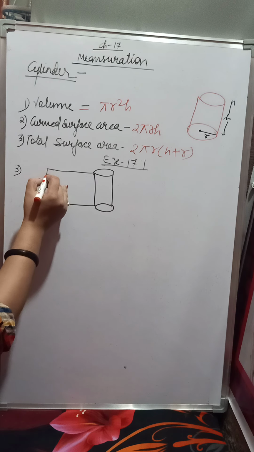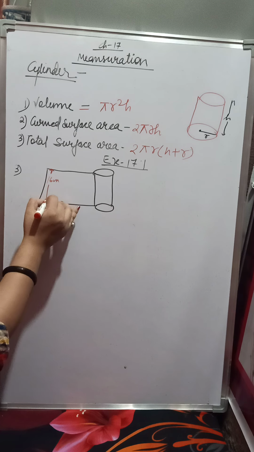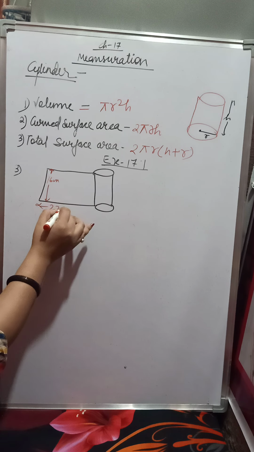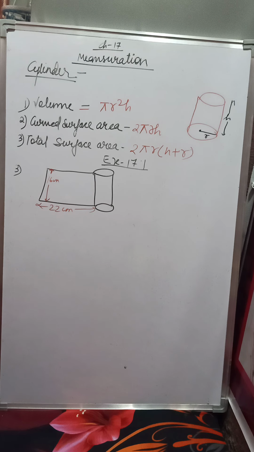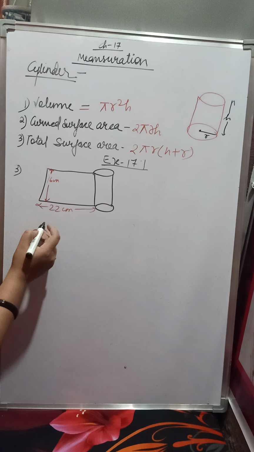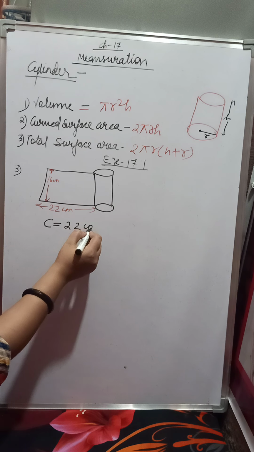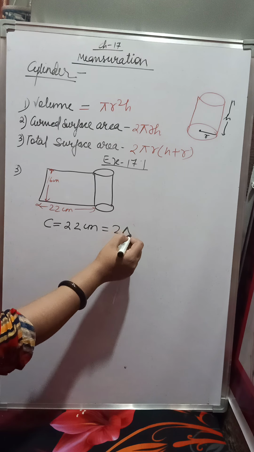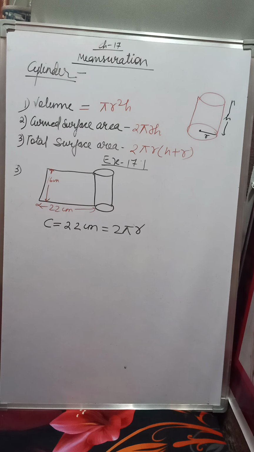This is 16 and this is 22 centimeter. So circumference, 22 centimeter, is equal to 2 pi r. 2 pi r is the circumference of the circle.